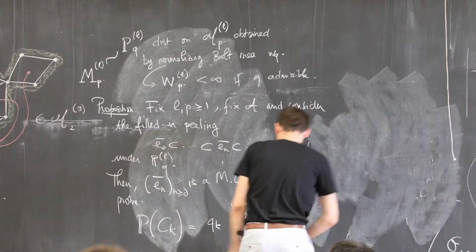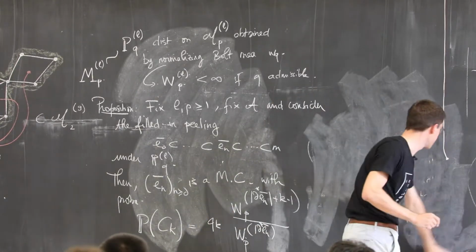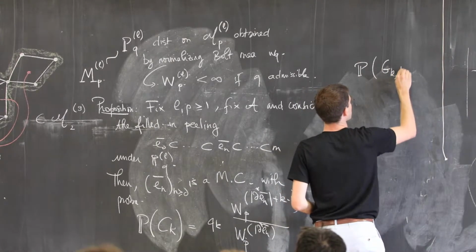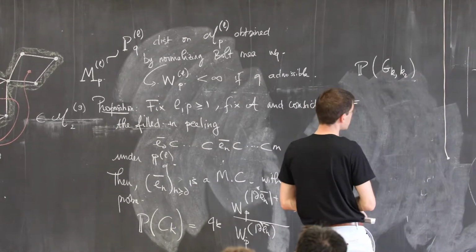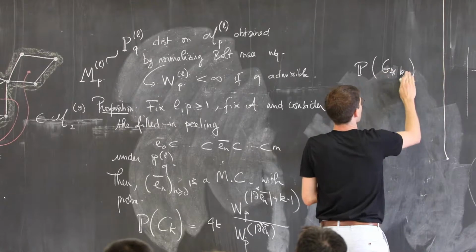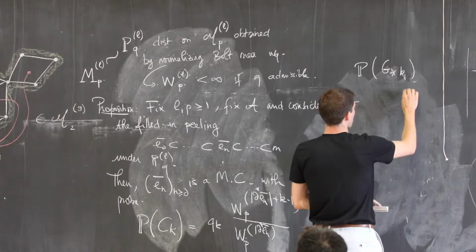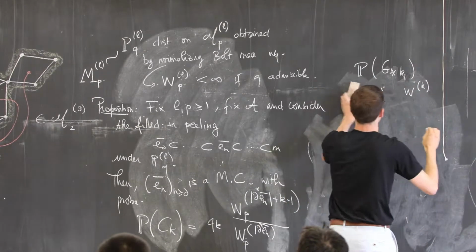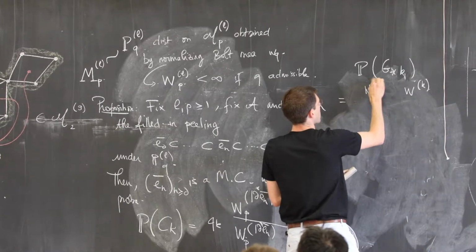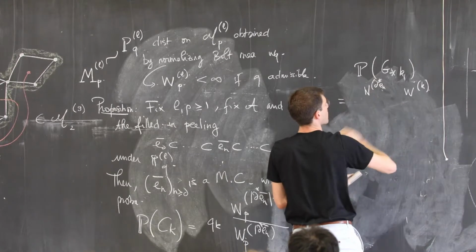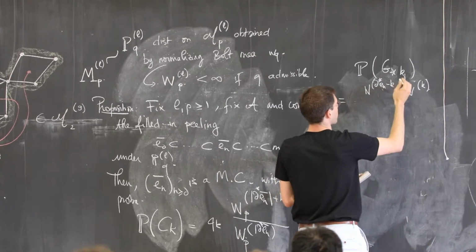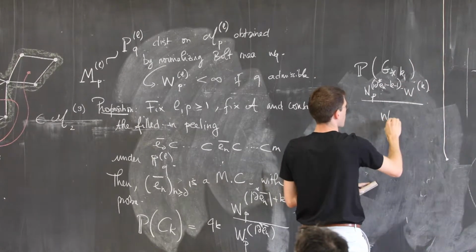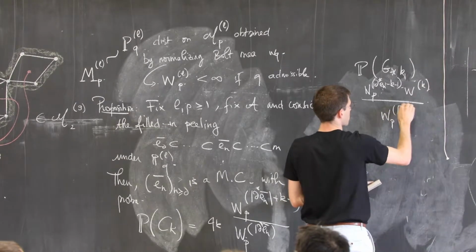The probability to see the event G_k, G star k, is equal to W_k times W of the current perimeter minus k minus 1, p, divided by W of p and my current perimeter.